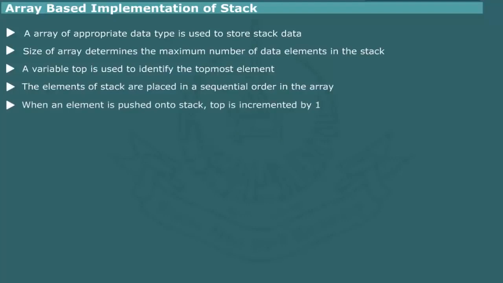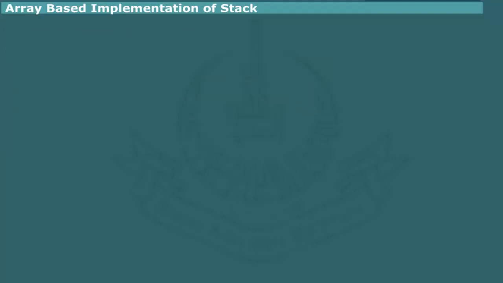When an element is pushed onto stack, the value of variable top is incremented by 1. An incoming element is placed in the array cell with new index top. Likewise, when an element is popped off the stack, the array cell currently identified by top is accessed and returned, and top is decremented by 1.